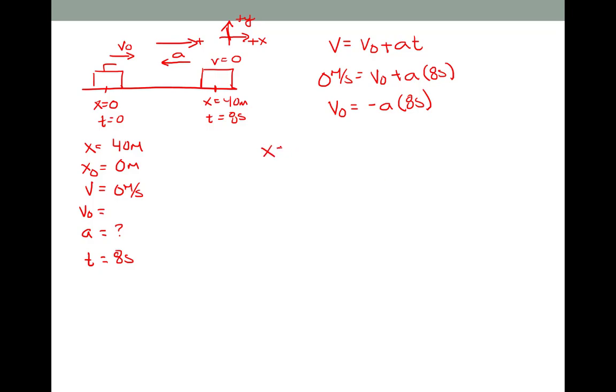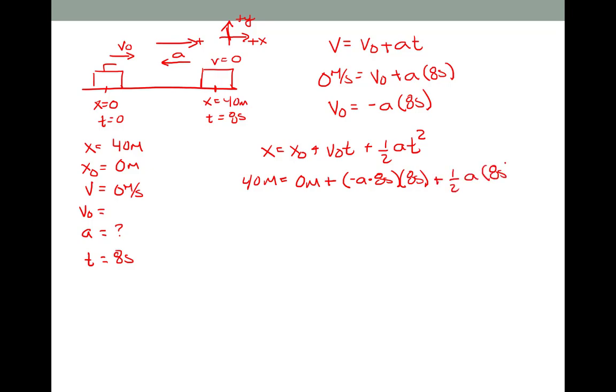And now I can pull out the x equals x naught equation. I have x equals 40 meters, x naught equal to 0 meters, plus my v naught from above, which was negative a times 8 seconds. All of that multiplied by t, so it's multiplied by another 8 seconds, plus 1/2 times a times 8 seconds squared.